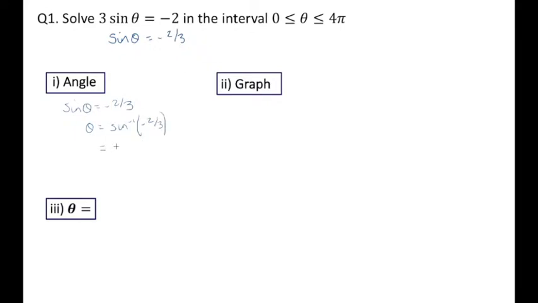If you pop this on your calculator, make sure you're in radians. If the question is in radians, then you want to make sure your calculator is also in radians. So we have -0.7297. We're going to use a trick now to make sure we don't get any rounding errors.